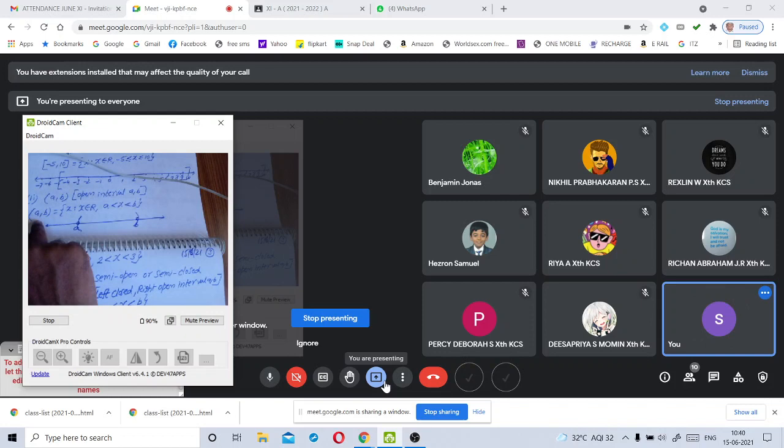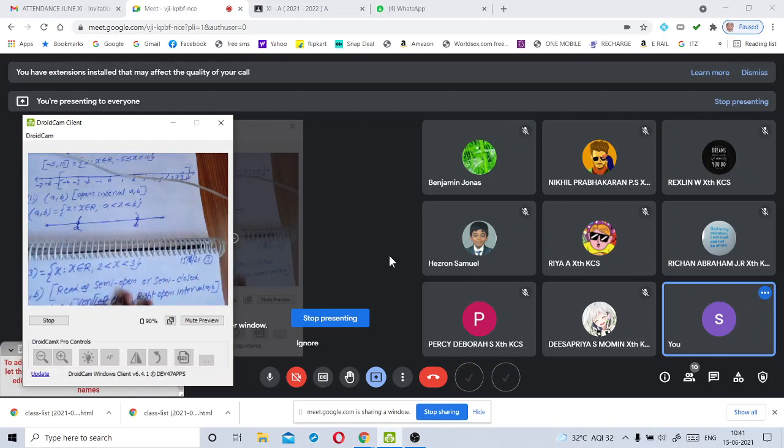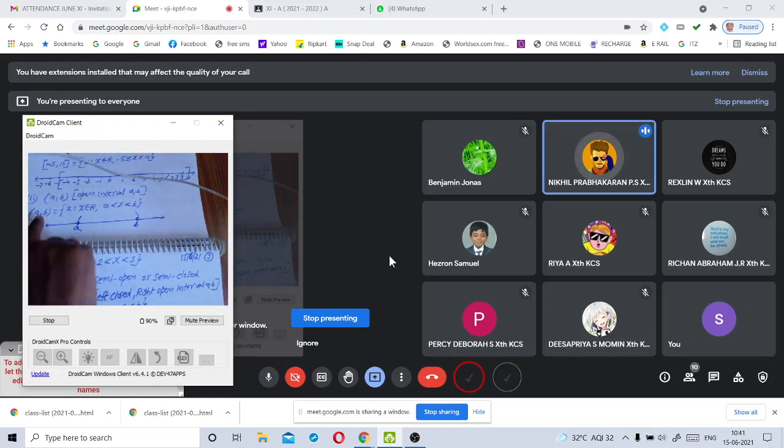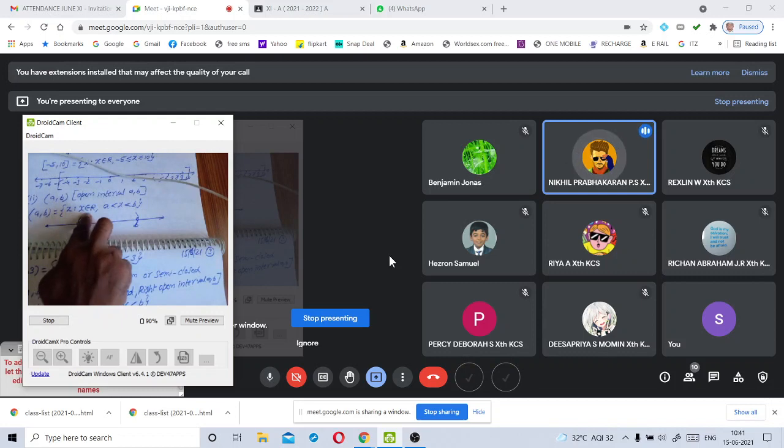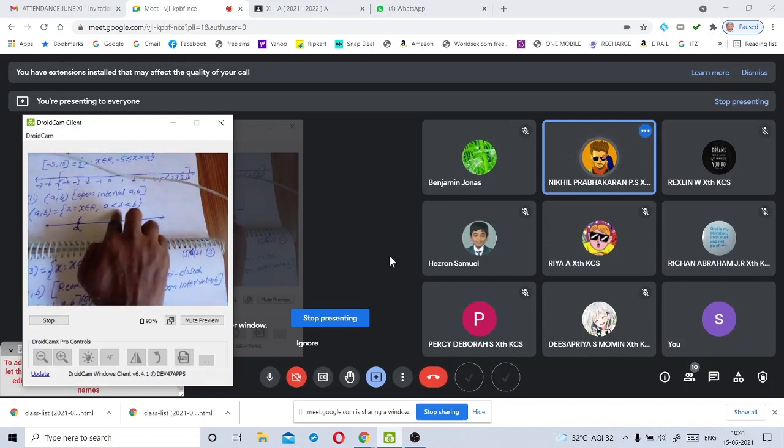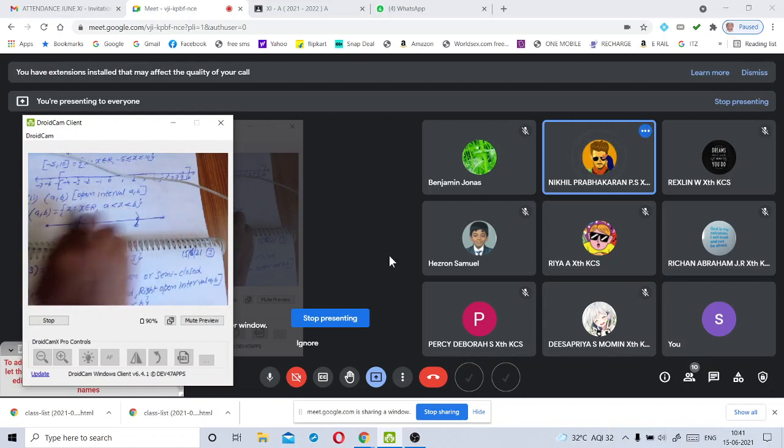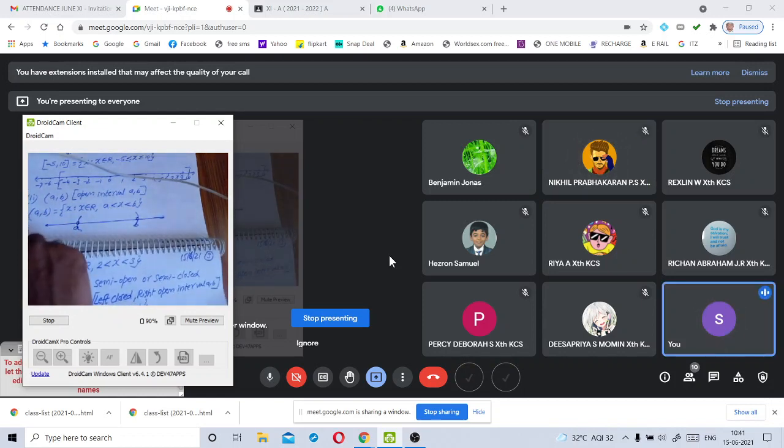Nikhil, read this line. Open interval a comma b is equal to set of all x such that x belongs to R, a less than x less than b. Okay, very good, my dear Nikhil.